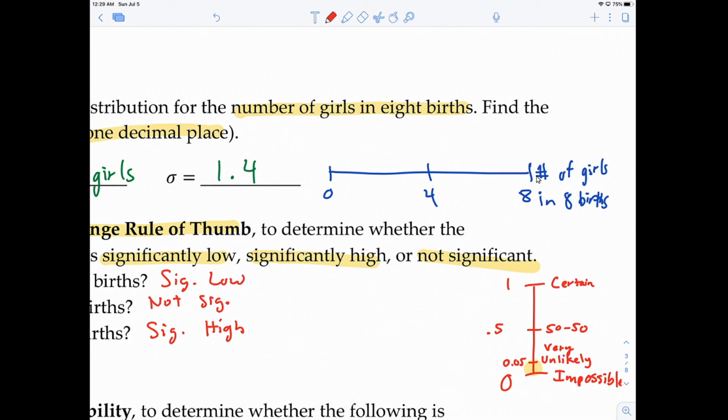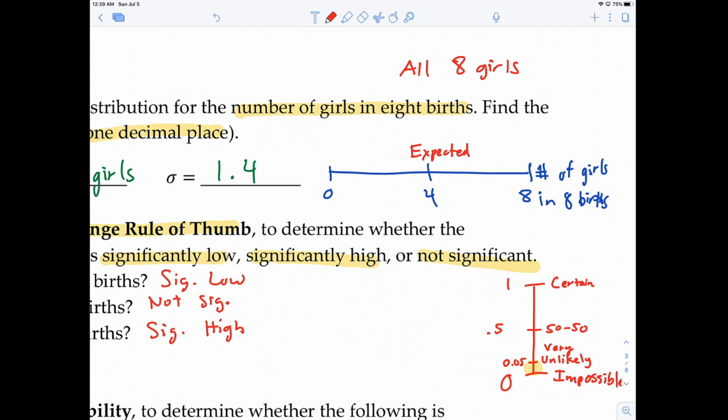If somebody said, I want to have 8 kids, what's the chance that all 8 are girls? You would say that chance is not that good. In other words, the probability is low. So just remember, the further away we move from what we expect, again, 4 is the expected value, the lower the probability.